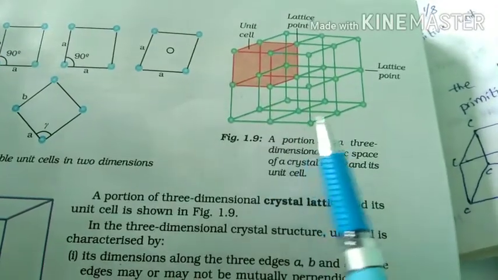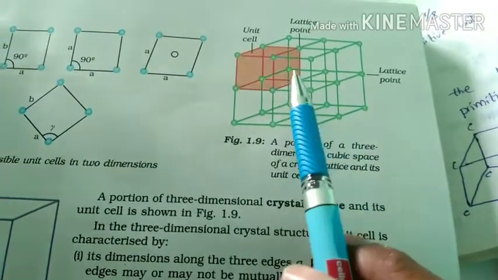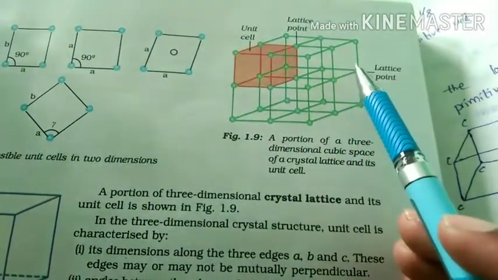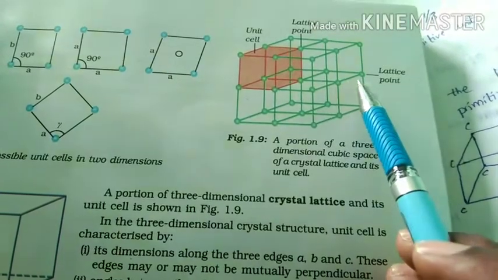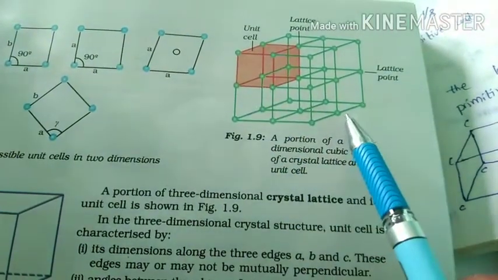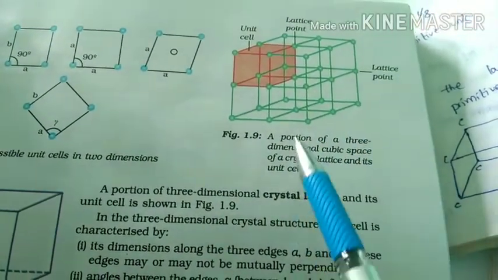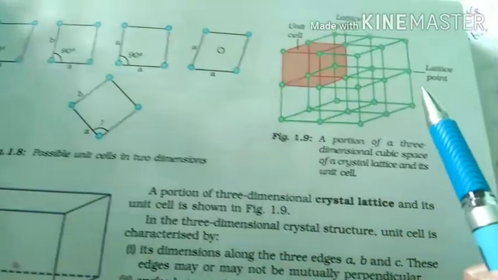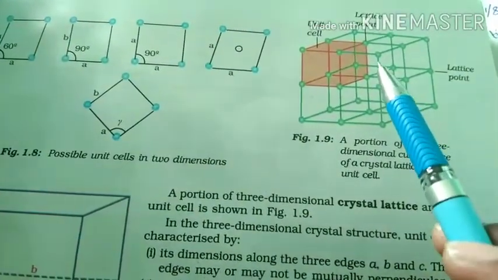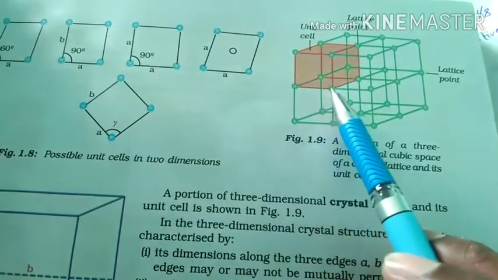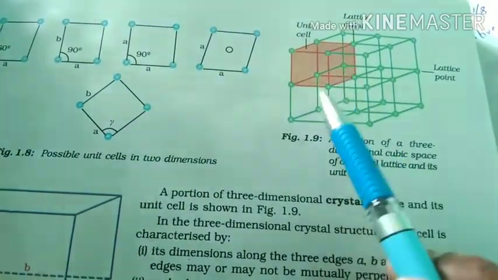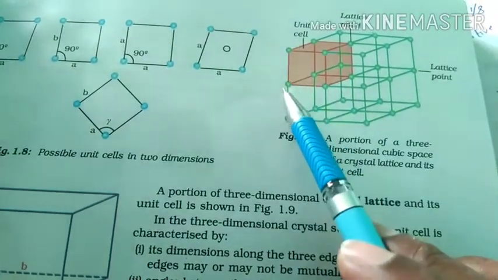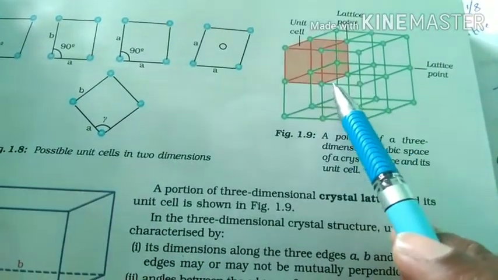See, this is the structure of crystal lattice. So these are lattice points. That means position of particle in crystal is called lattice point. Next, this is repeating unit. There are so many repeating units like this. See, this is one, and this is also.